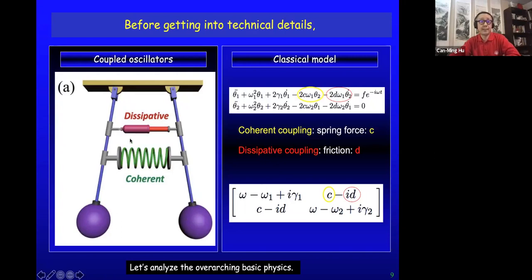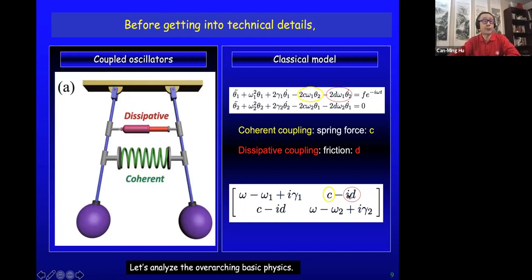The other term is this frictional force that is proportional to the velocity, which means the derivative of the displacement. Then you get this coupled matrix describing two oscillators with two different frequencies and two different damping rates. They are now not only coupled by the spring force, but also by this frictional force.